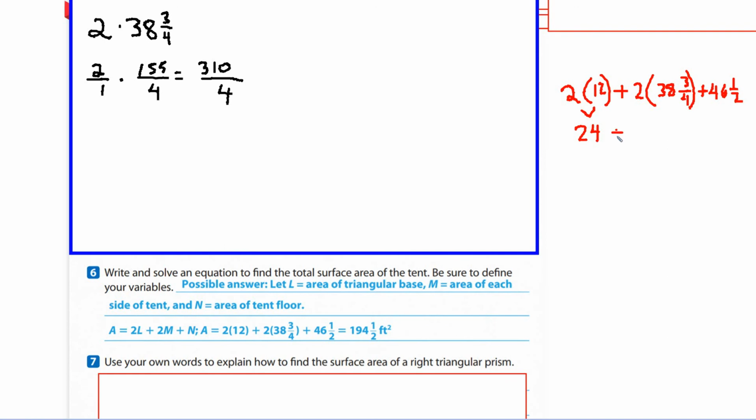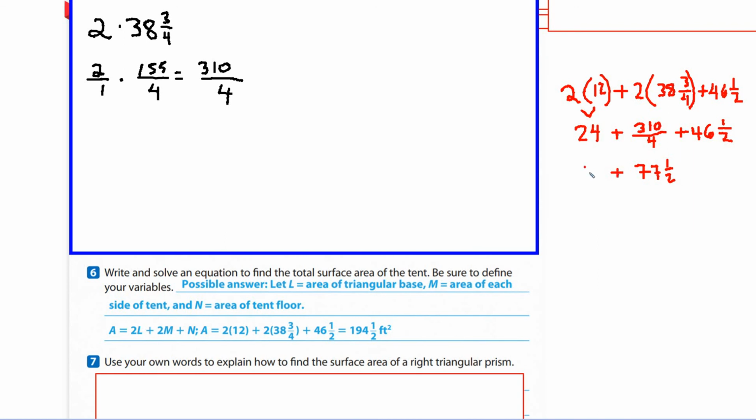So I'm going to put 310 over 4 plus 46.5. Now let's add them up. I'm going to take the 310 over 4 and make that into a mixed number. When you do that, you should get 77 1/2.